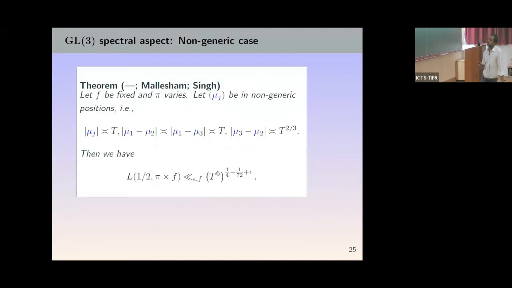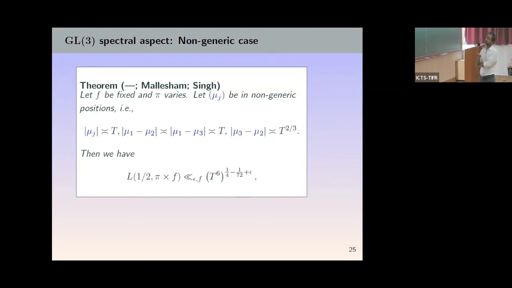Now let's move on to the GL3 spectral aspect. This is kind of more interesting. Here we are taking F to be fixed, and the GL3 form varies. Let's take this μ(z) in non-generic position.